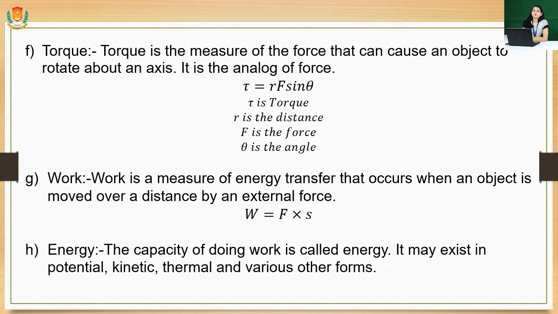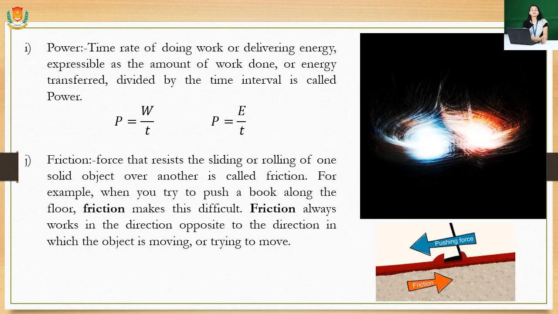So, what do we mean by potential energy? It is generated by an object which is steady in nature. Kinetic energy is imparted by a moving object, and thermal energy, as we all know, happens because of the production of heat. Now we will be discussing the last two remaining topics for the introductory part, which is power.